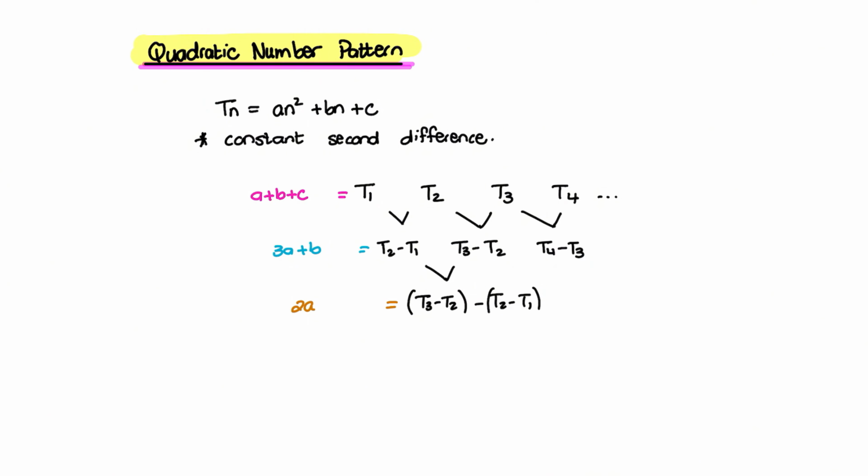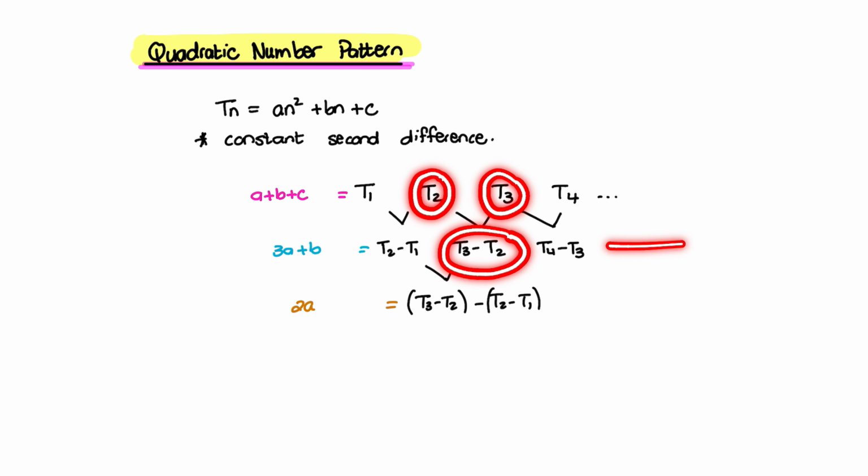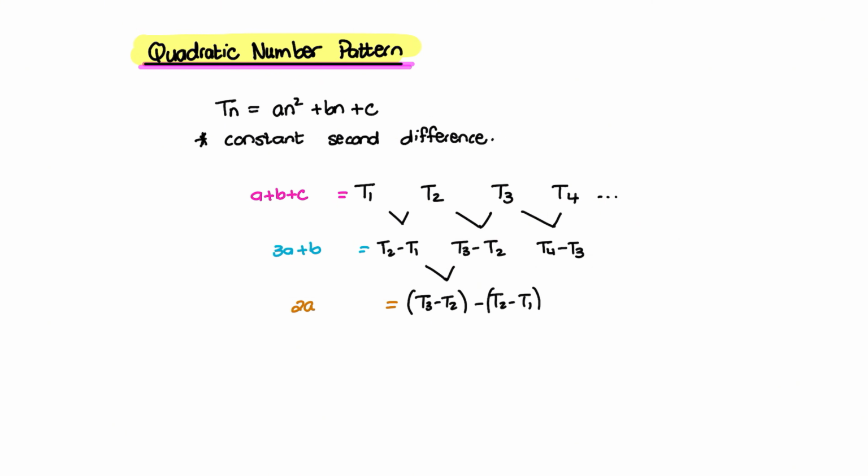Now, what that means is, if I have a pattern with term 1, 2, 3, 4, and so on, that our first line here represents our first differences. So that means term 2 minus term 1, that's the first difference. Then term 3 minus term 2, that's the second value in our line of first differences.